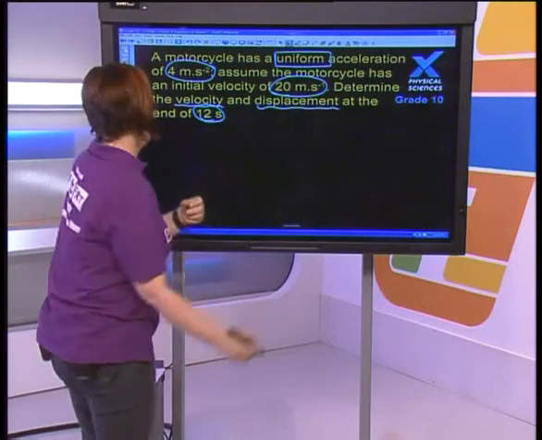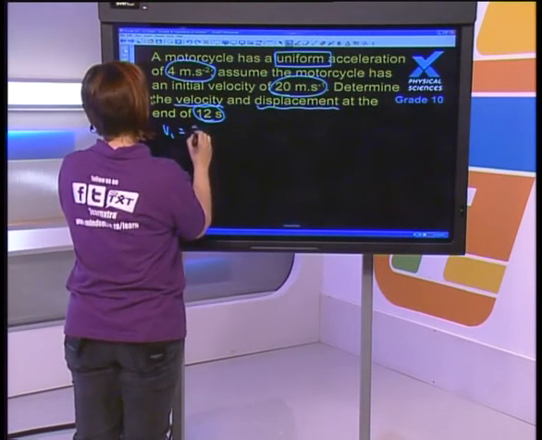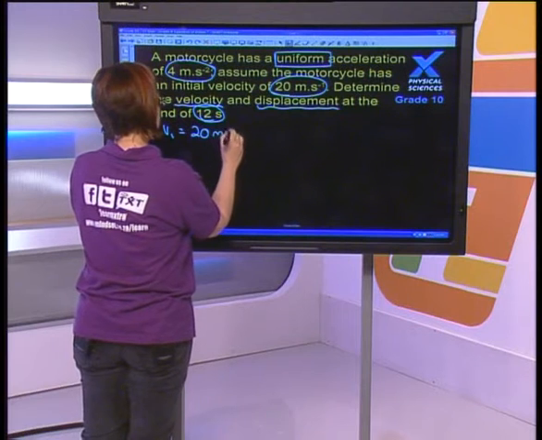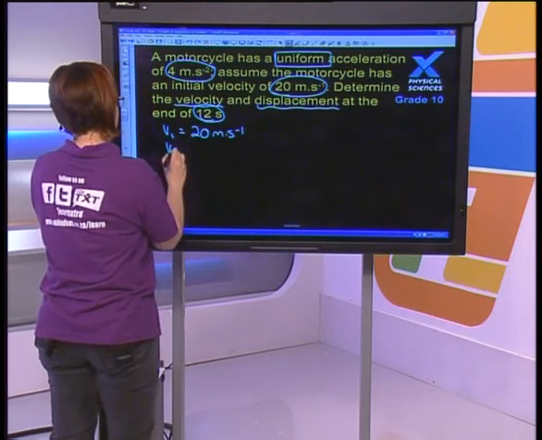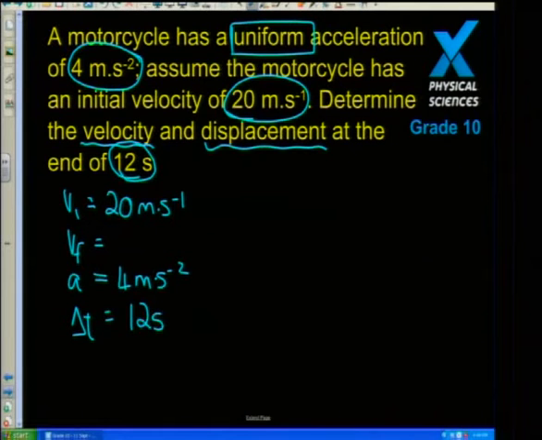So we actually have 2 things to do here. VI, they said to us, was 20. VF, we don't know, but it's one of the things I need to calculate. A is 4. Delta T is 12. And delta X is what we are looking for.